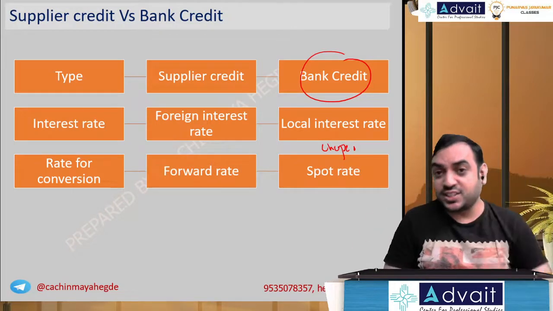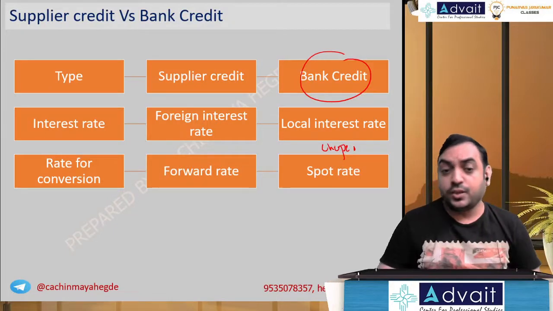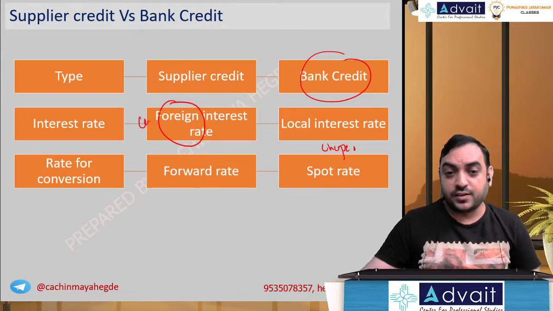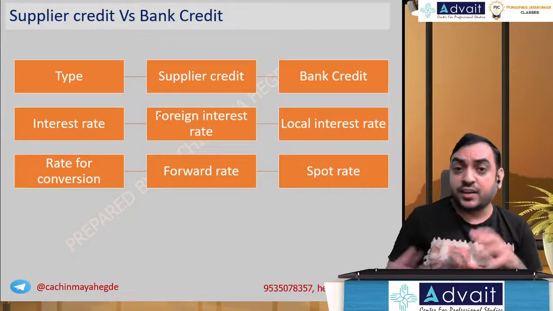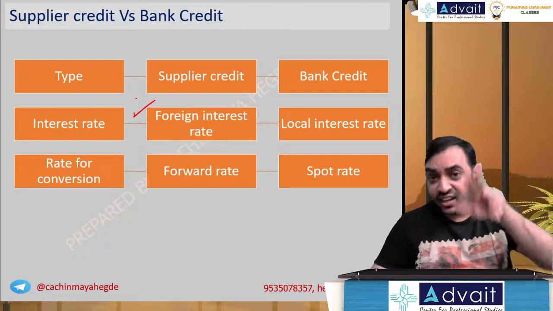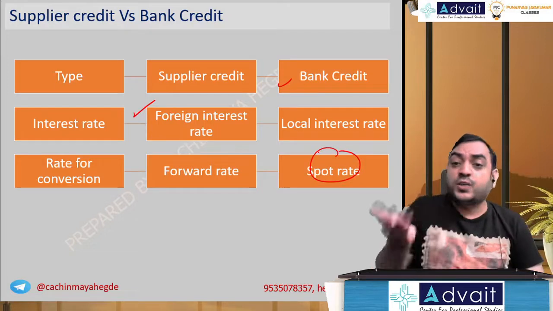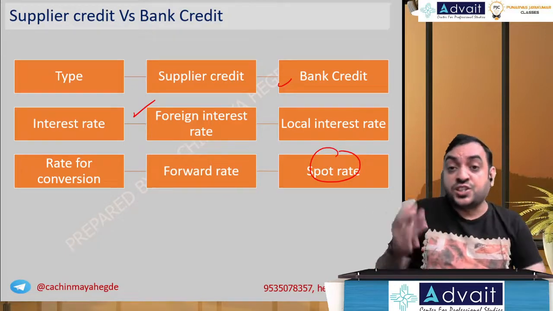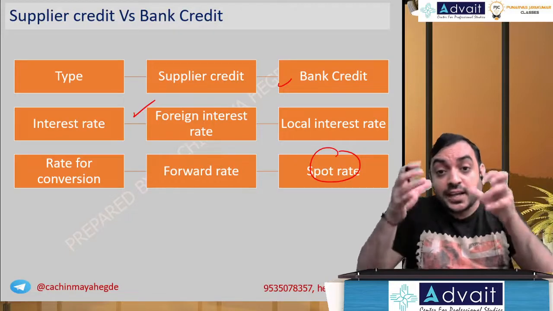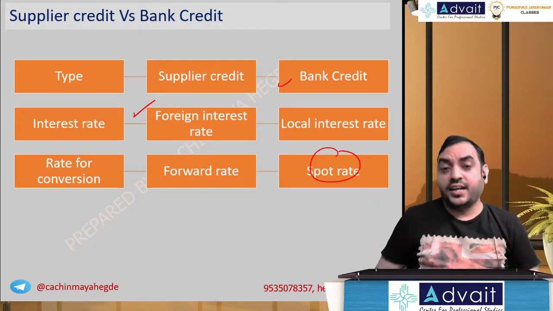The dollar interest rate is cheaper. You understand? In supplier credit, we have one benefit: the interest rate is cheaper. In bank credit, we have one benefit: the spot rate will be cheaper. So in advance, we can't tell which is beneficial unless we calculate the cash flow under both alternatives.